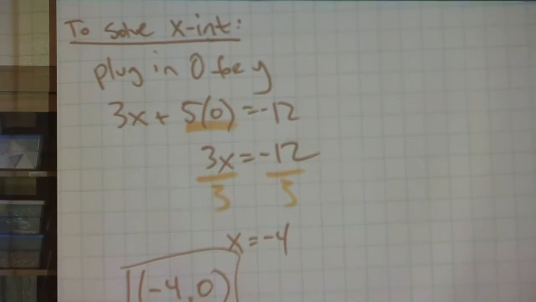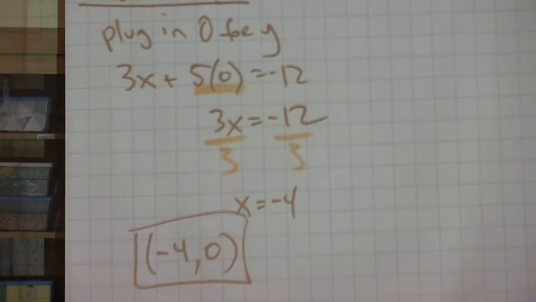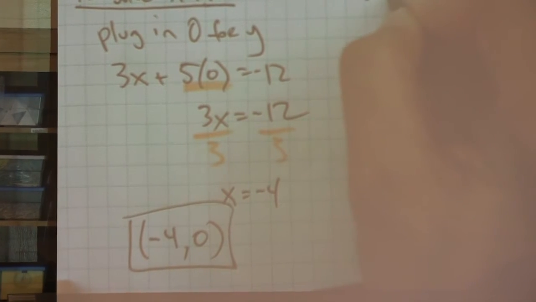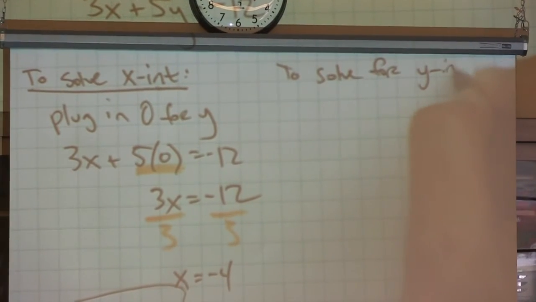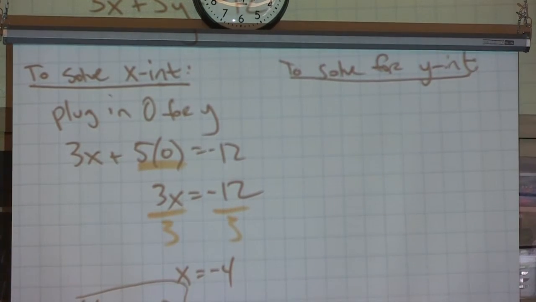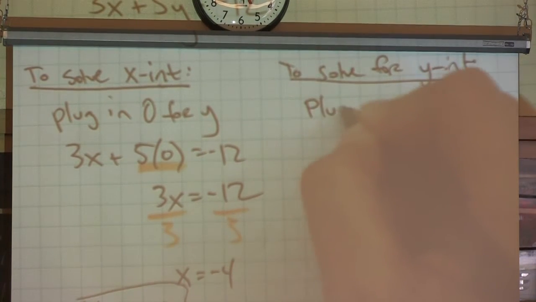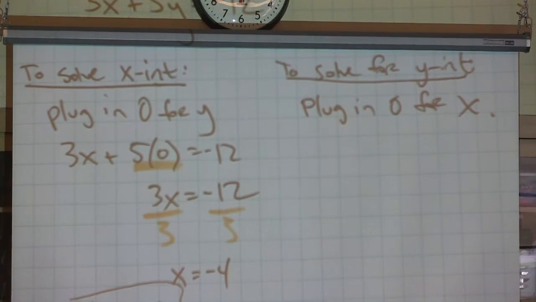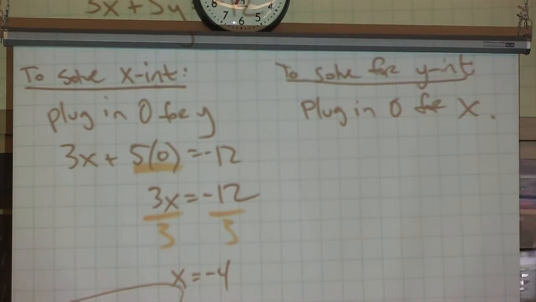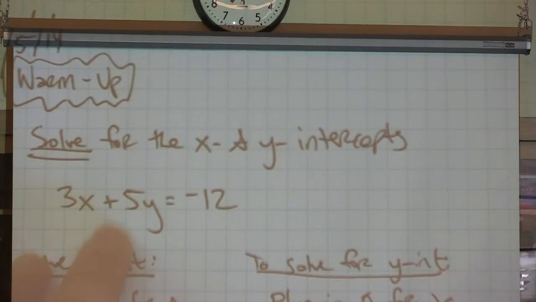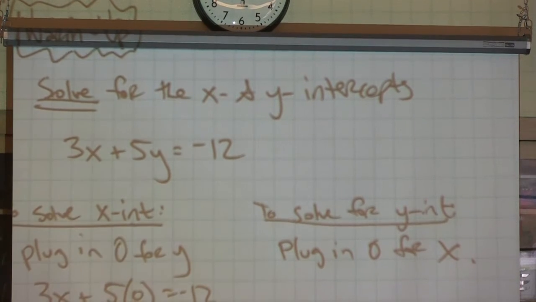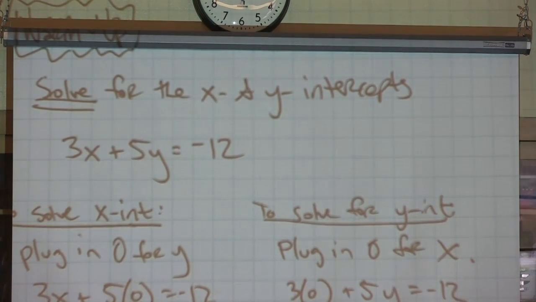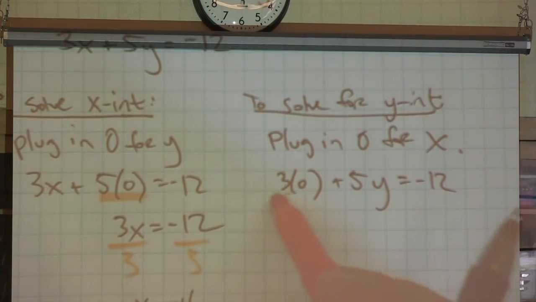And we would do a very similar process when we're solving for the y-intercept. It's almost exactly the same. But now, to solve for the y-intercept, what do we do? It's opposite. So we plug in 0 for x this time. Back into our equation, plugging in 0 for x. So 3 times 0 plus 5y equals negative 12. And again, what's 3 times 0? 0.